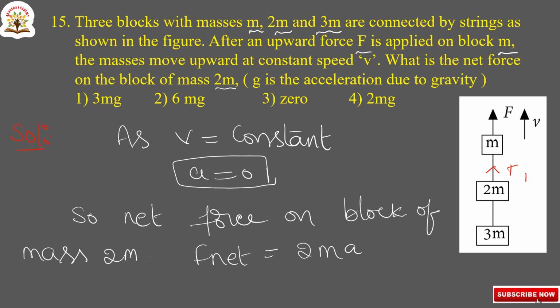Here a is equal to 0. Therefore net force is equal to 2m into 0. That implies F net is equal to 0. So the answer is the third option.